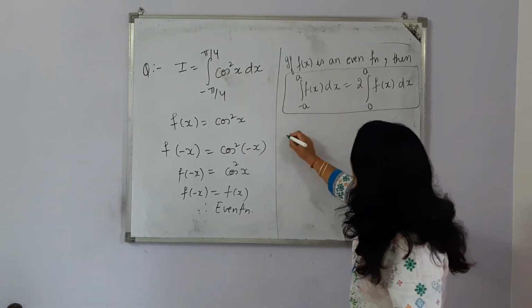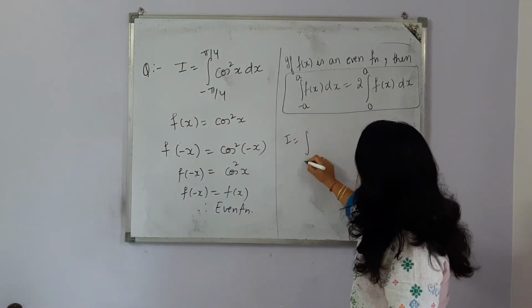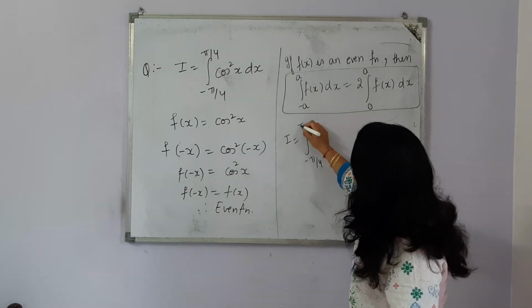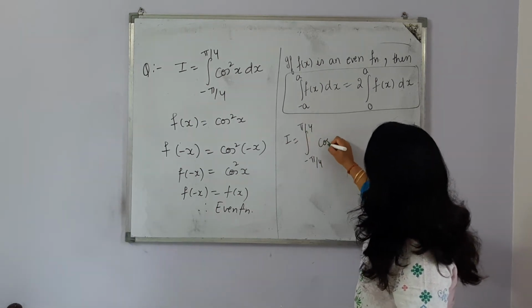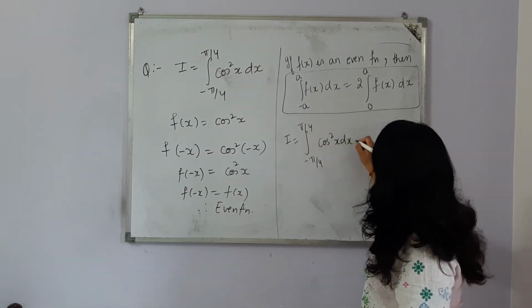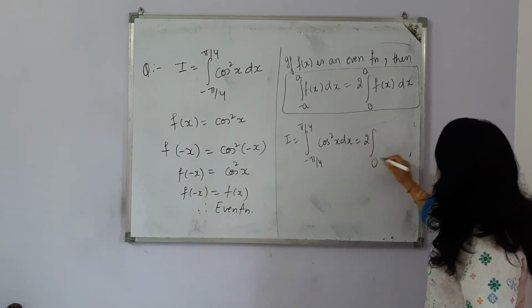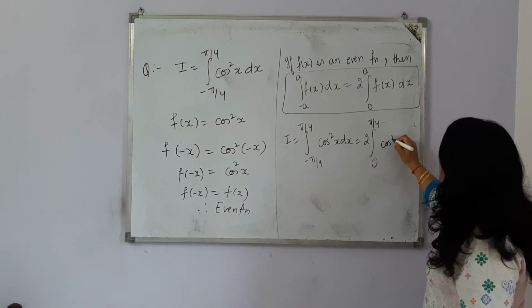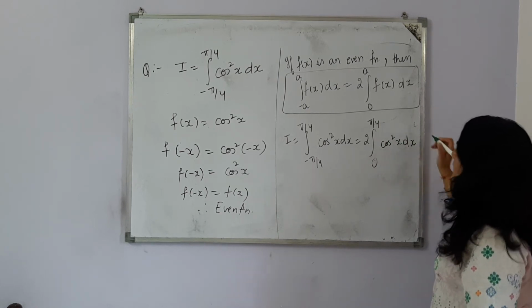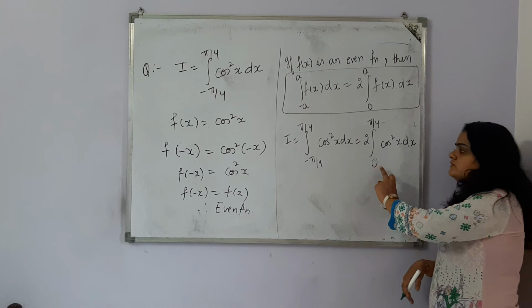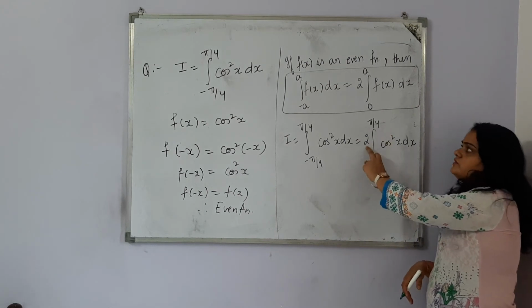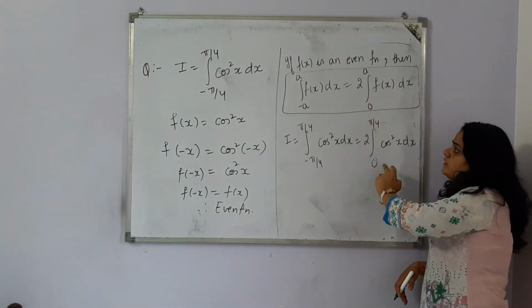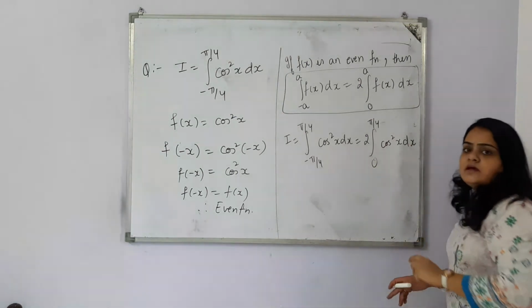Here in place of minus a to a, we have minus pi by 4 to pi by 4, and f of x is cos square x dx. So twice the integral from 0 to a, where a is pi by 4, of cos square x dx.